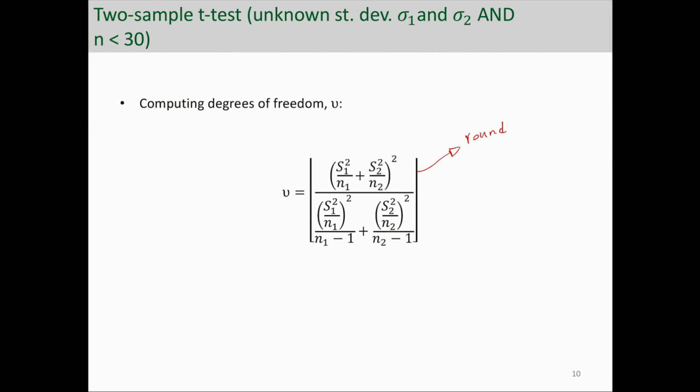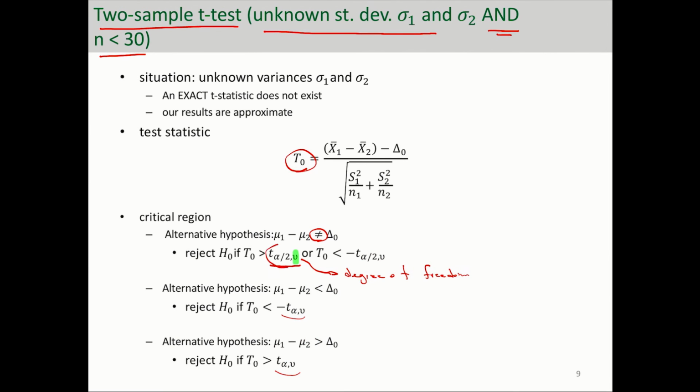So you have to round down your number if it has decimal places, and you'll get the degree of freedom. So if your number ends up being 34.8, let's say, you always round that down to 34. Okay? And that's your degree of freedom. And once you have the degree of freedom, you can read this value from the t-table. Because you have the alpha of your test and the degree of freedom, you read that and you compare it with the t-score.